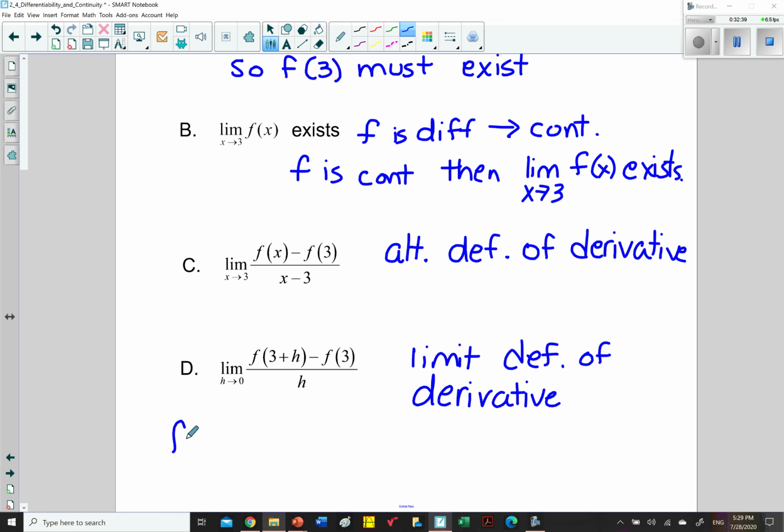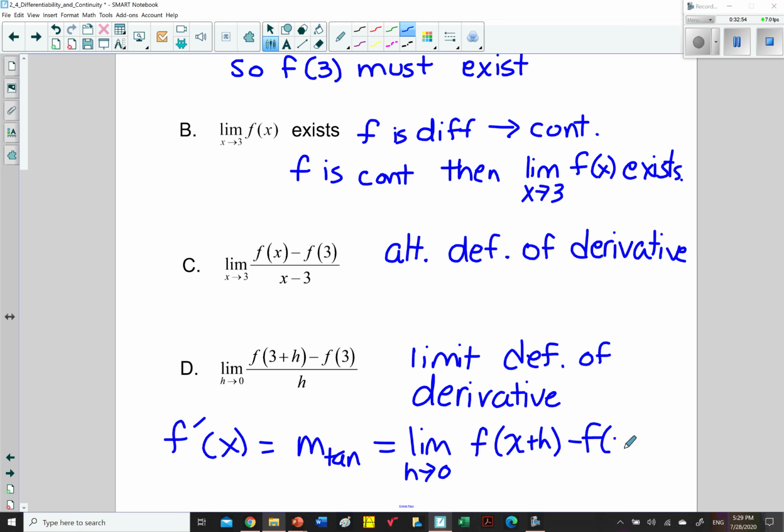It's telling me that f prime of x is the slope of the tangent line, which is the limit as h approaches 0 of f of x plus h minus f of x, all over h.